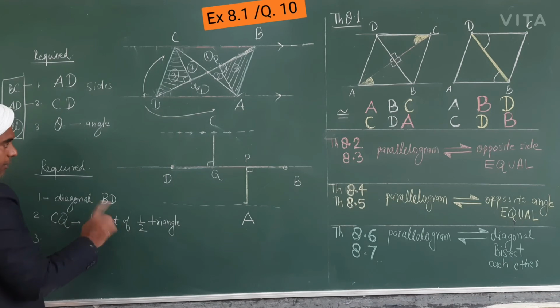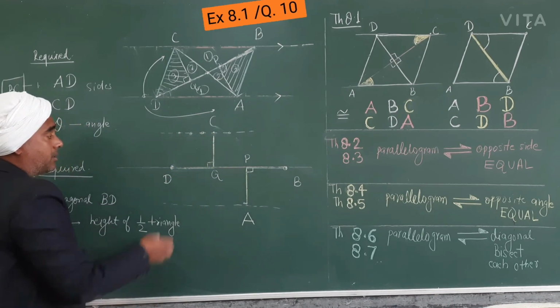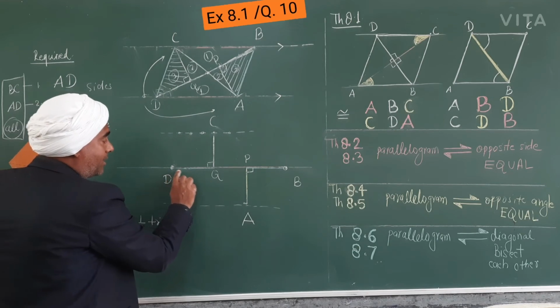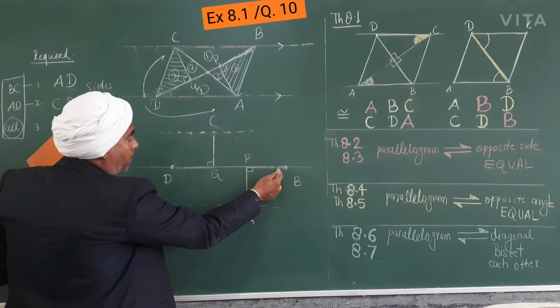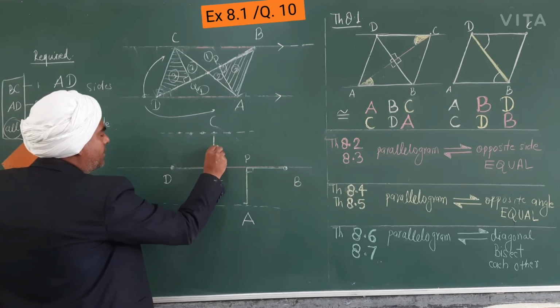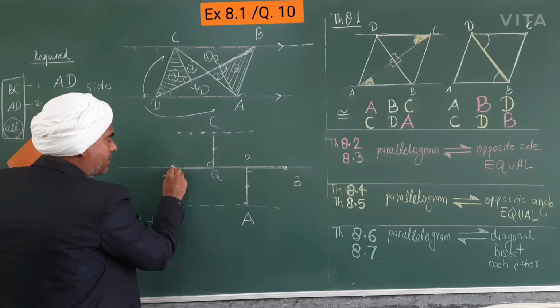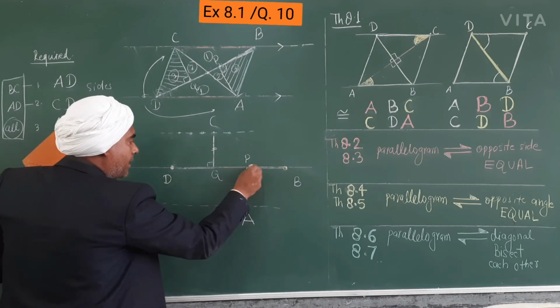Diagonals, okay, we don't know the other diagonal, so we should take it such that DQ is equal to PB. This means this should be equal to this height, and the diagonal DQ should be equal to BP.